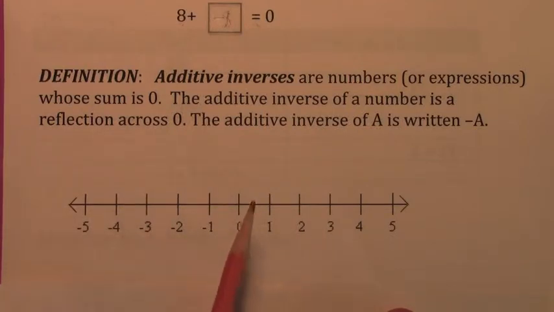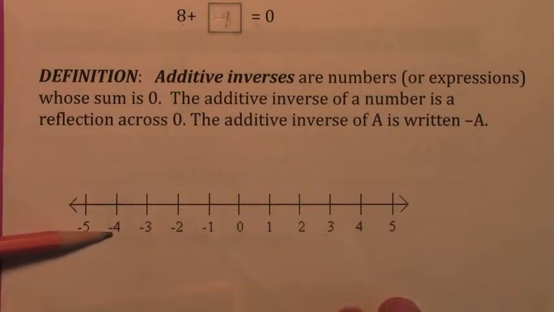You get 0. So saying two numbers add up to 0 is the same exact thing as saying that they're reflections across 0. If you reflect negative 4 across 0, you get 4, and guess what the sum of those two numbers is?